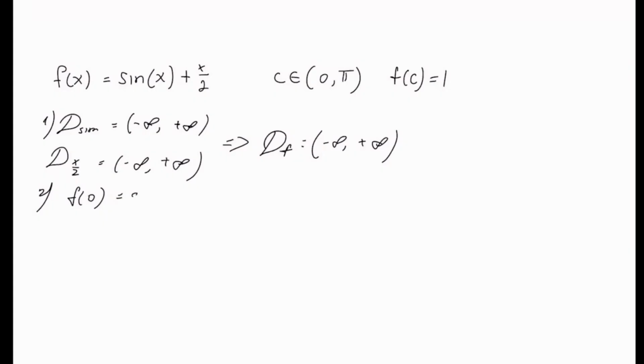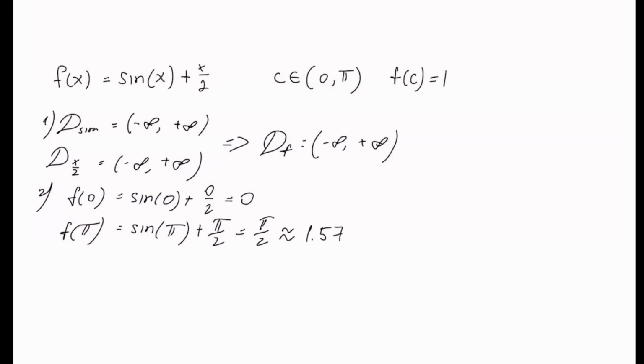F of 0 equals sine of 0 plus 0 over 2, which gives you 0. F of pi equals sine of pi plus pi over 2, which will be pi over 2, approximately 1.57.